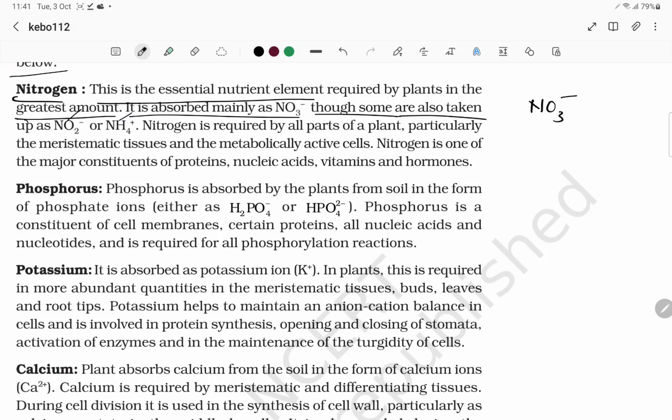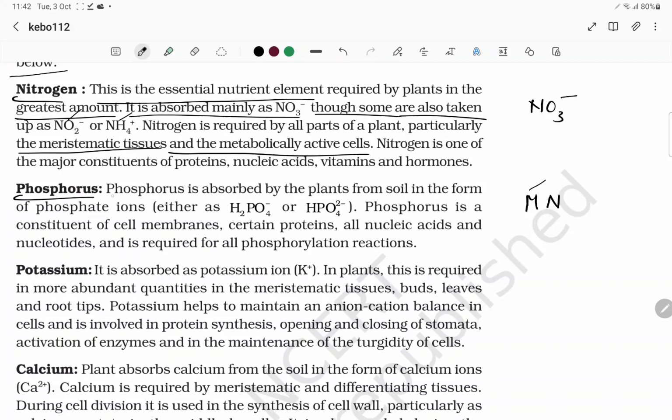It is required by all parts of the plants, particularly the meristematic tissue and metabolically active cells. Nitrogen is one of the major constituents of protein, and also of nucleic acids, vitamins, and hormones.